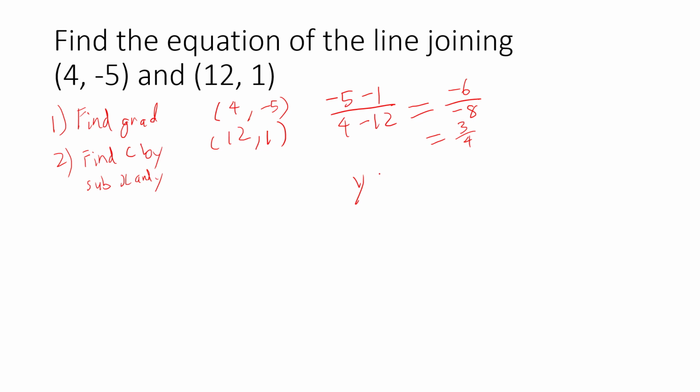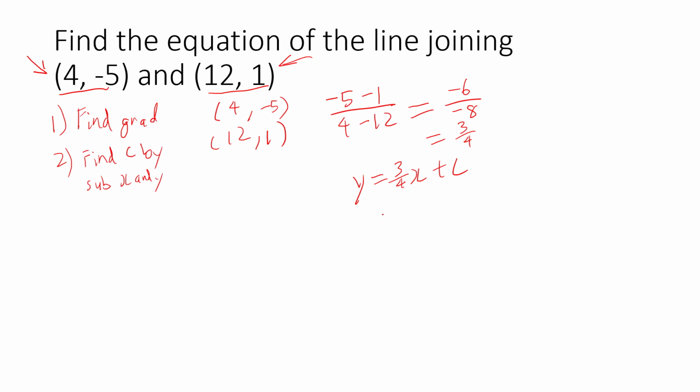So now we know that y is equal to 3 over 4x plus c. We want to find c. We do substitute. Whether you use this or whether you use this is the same. You will still get the answer. What you can do is you use this first, then you use this to check.